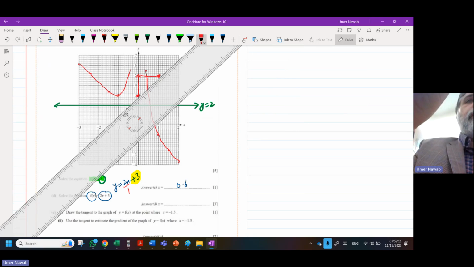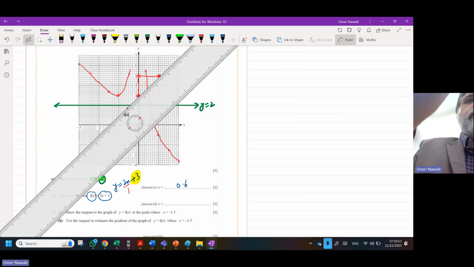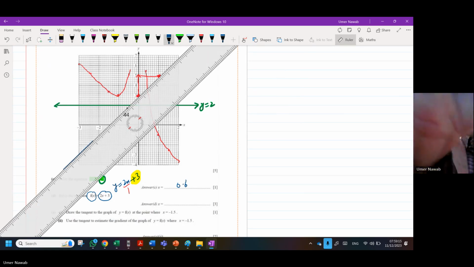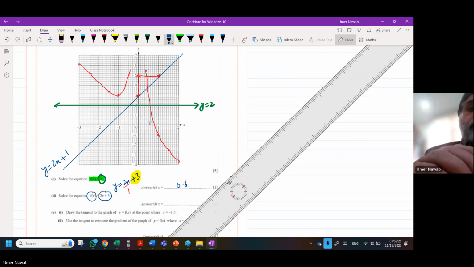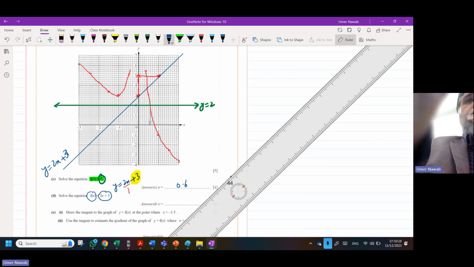Let's draw a line passing through these 2 points. So this is the y is equal to 2x plus 3 line. Check where it cuts the curve. It cuts the curve at this point. For me, it looks like 0.4.